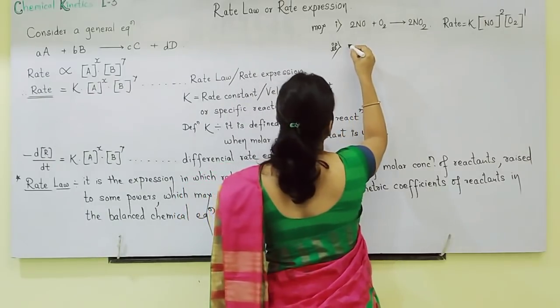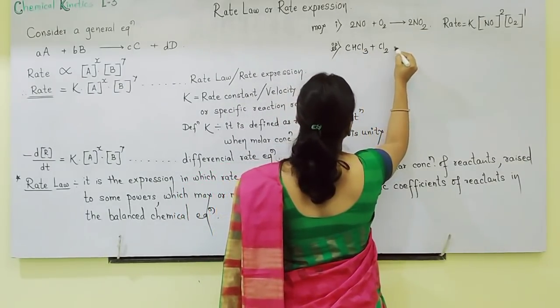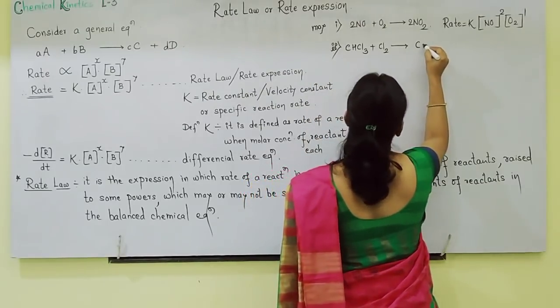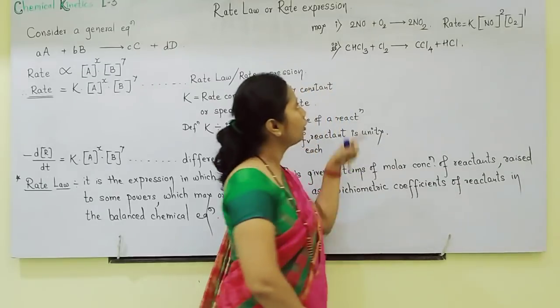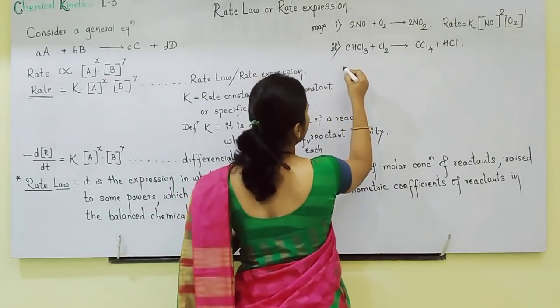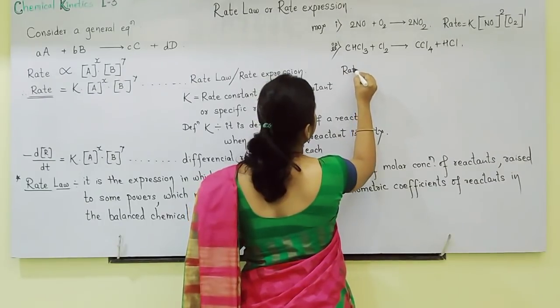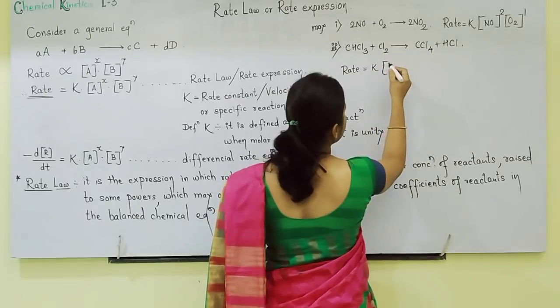Another example I will write. See, student. Chloroform reacts with chlorine. Okay. For this reaction, how is rate written here? Rate is equal to K. Only reactants I am writing.